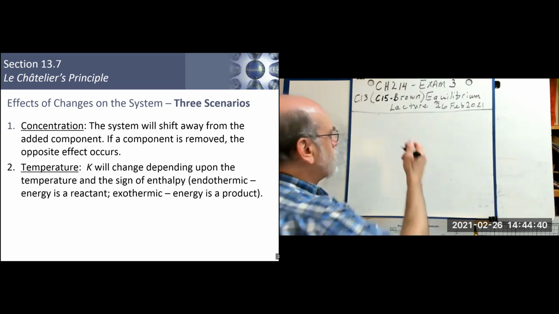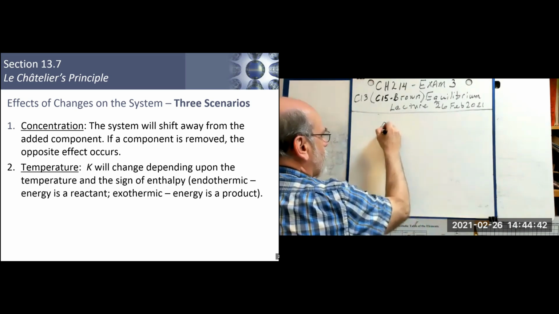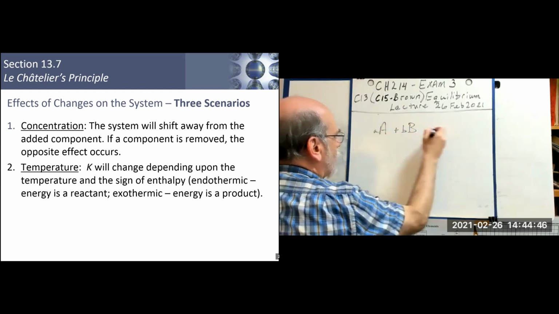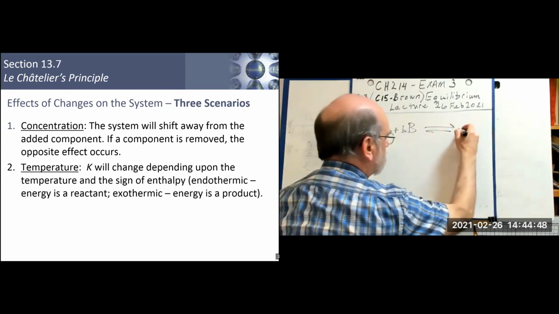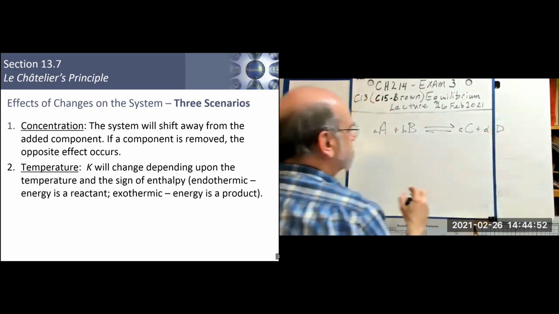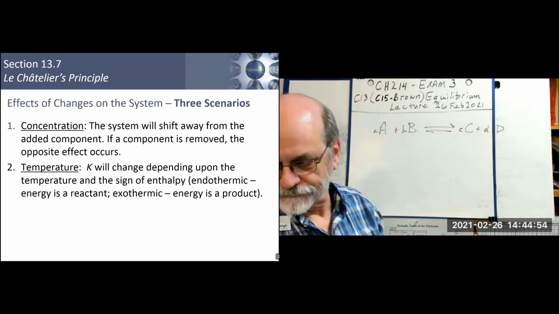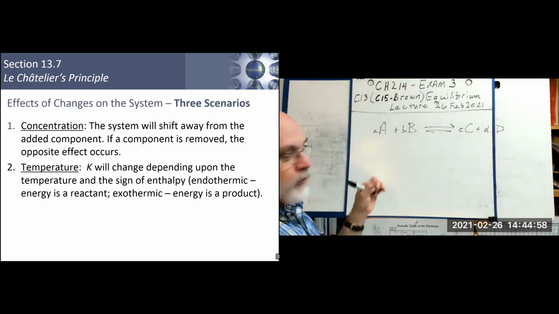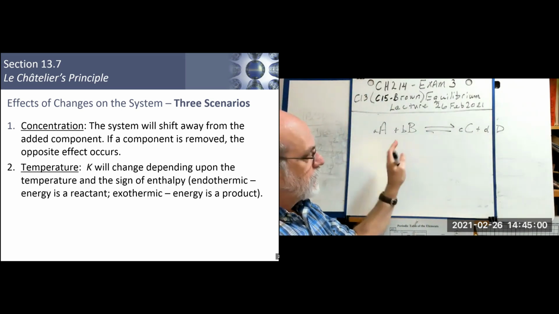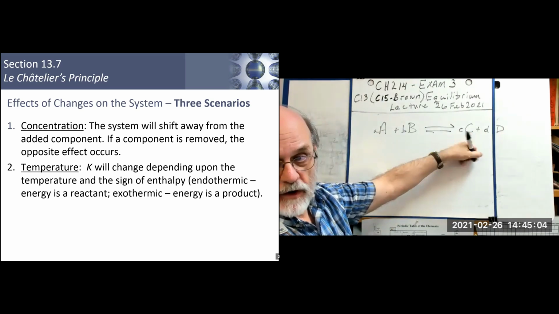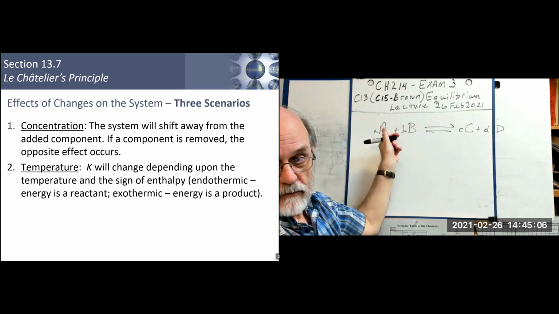Right? So if we look at our generic again, if we're at equilibrium and we add C, then we're going to shift back this way.